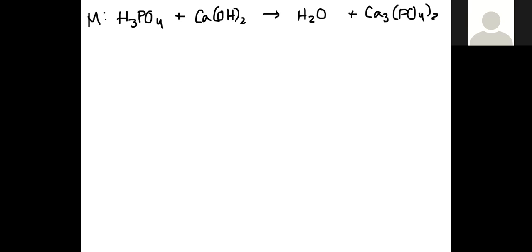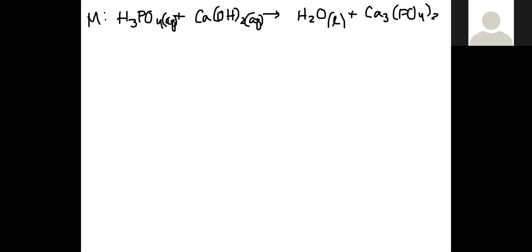H3PO4, what's the phase? Aqueous, why? H plus is a 1A, and it's an exception to the insolubility of PO4 3 minus, so it's going to be aqueous. We just found out that calcium hydroxide is aqueous. H2O, as we know, is going to be liquid.